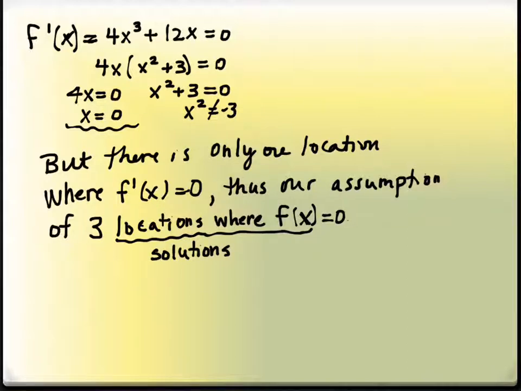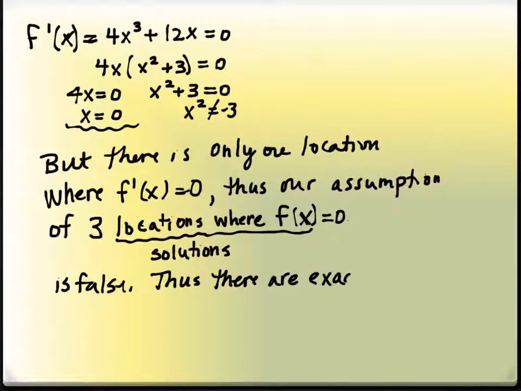This assumption is false. Thus, there are exactly 2 solutions. I knew there were at least 2 by the intermediate value theorem. Then I assumed, well, maybe there's another one. And when I made that assumption, I ran into a conflict later on that said, no, that didn't work. It can't have the 3 that you thought it might have.